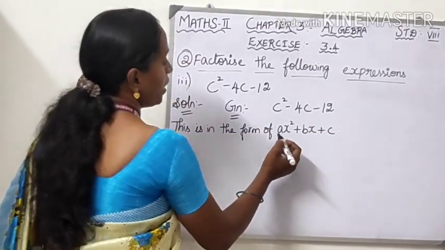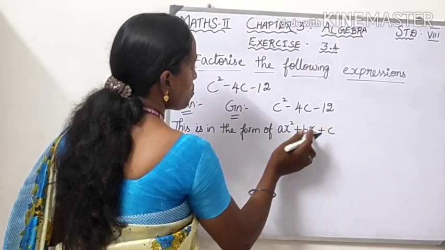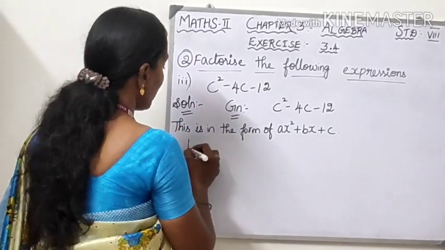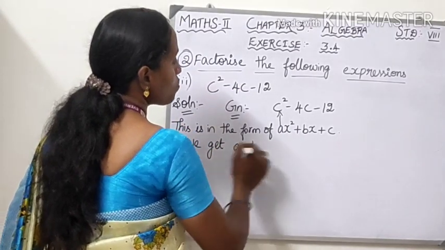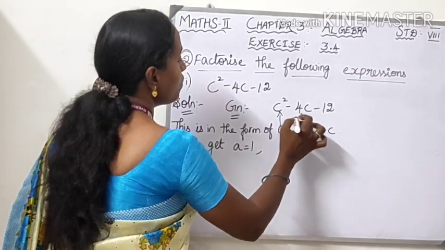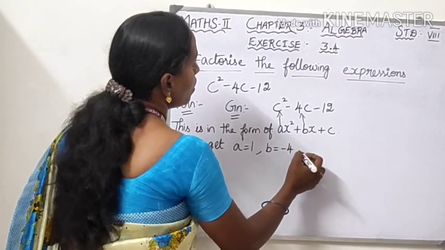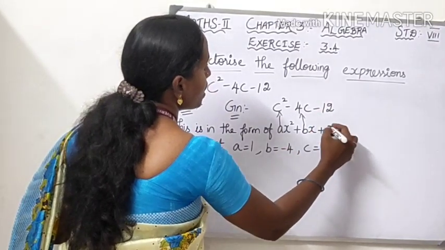So now by comparing c square minus 4c minus 12 with this ax square plus bx plus c, we can find out the value of a is 1, and if you compare this b with this second term, we will get the value of b is minus 4. And c, if you compare with the last term, the c value is minus 12.